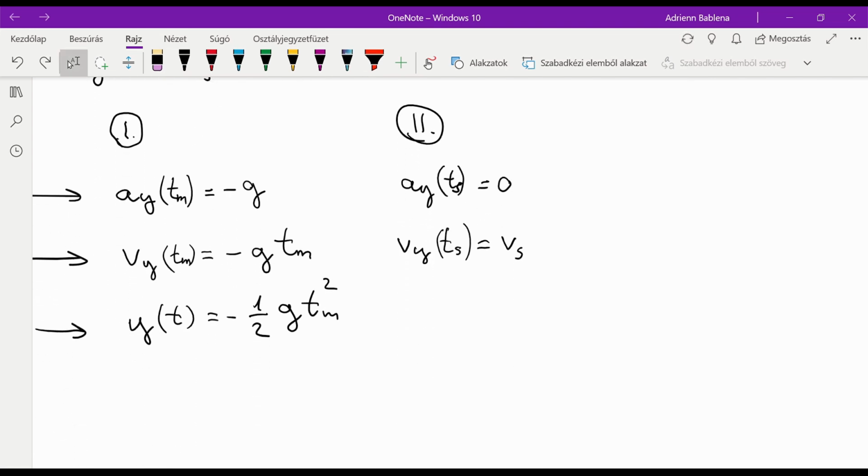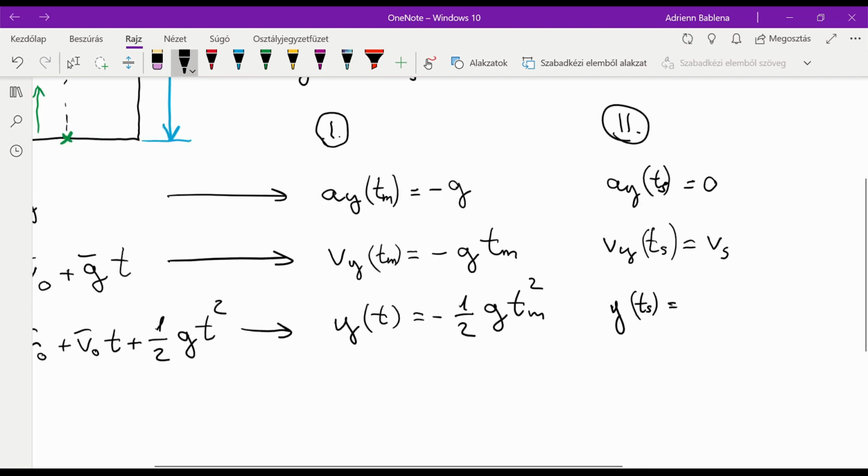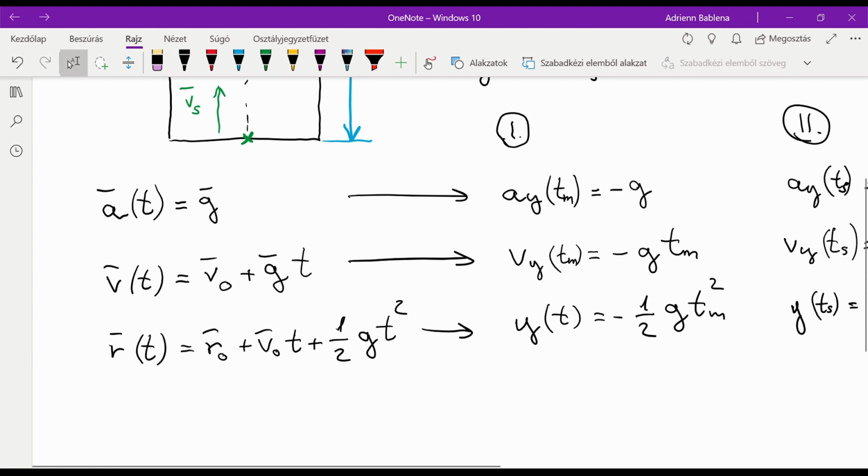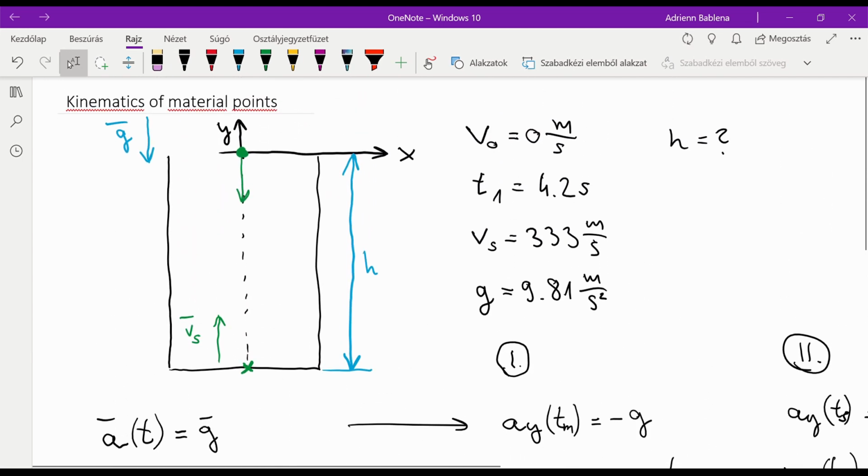And our displacement function is, don't forget the y0. What is the initial point of the sound? So we have to write the initial coordinate, this coordinate, into our equation. This coordinate is minus h.